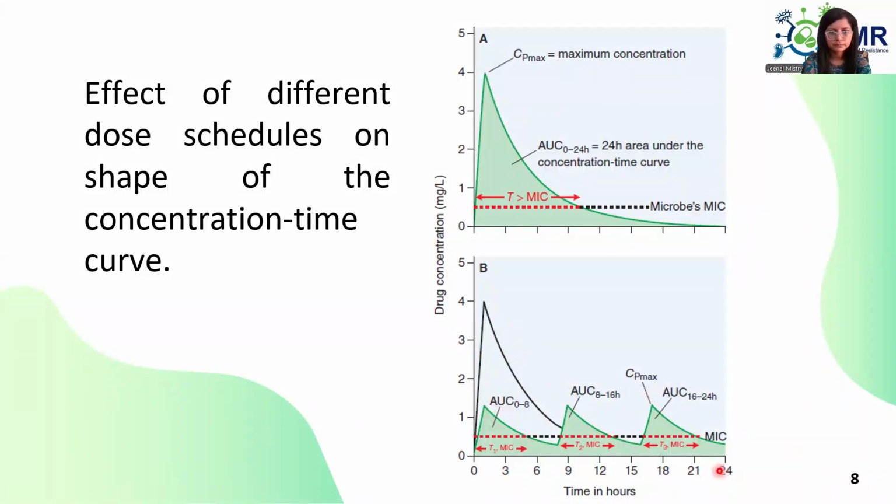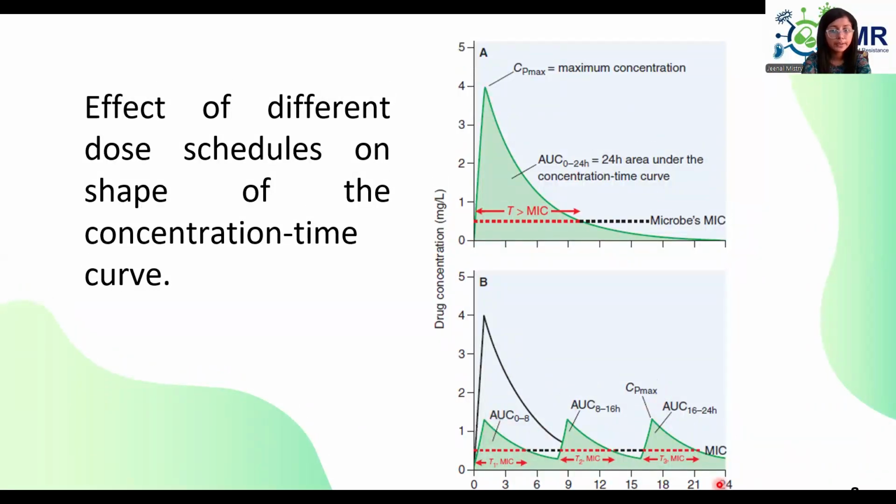Okay. Because the same cumulative dose has been given over the dosing interval of 24 hours, the AUC 0 to 24 will be similar whether it was given once a day or 3 times a day. For the same pathogen, therefore, changes in the dose schedule do not change the area under the curve over the minimum inhibitory concentration.